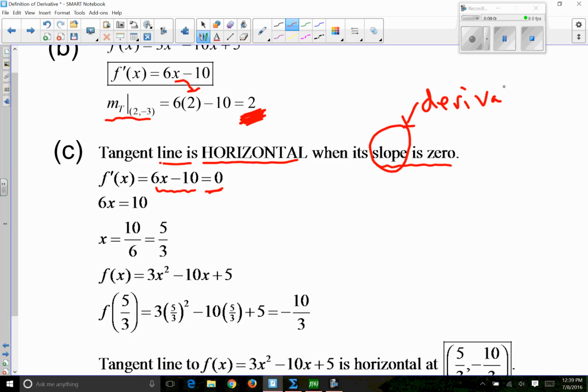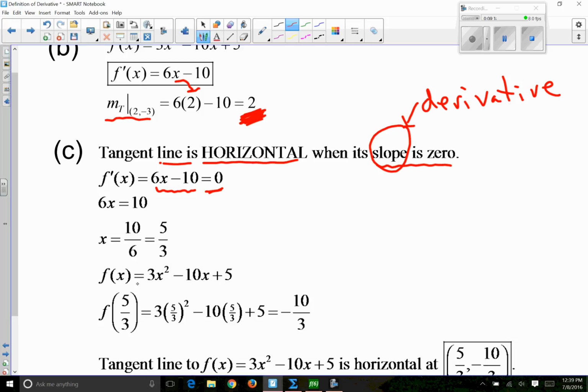The derivative is the slope of the tangent line. So we have 6x minus 10 equals 0. We add 10 to both sides, divide both sides by 6, and we get x equals 5/3.